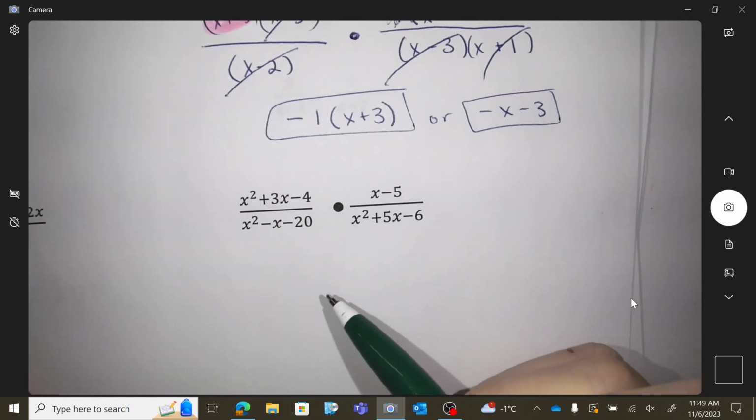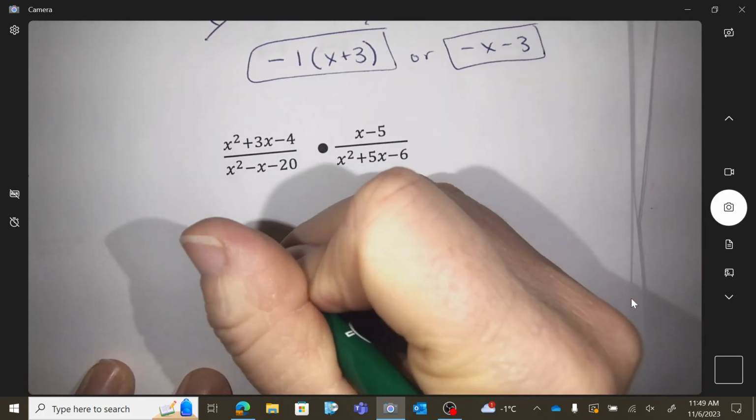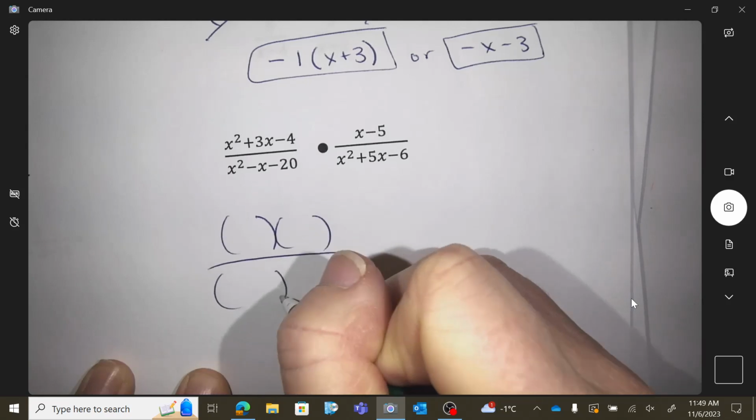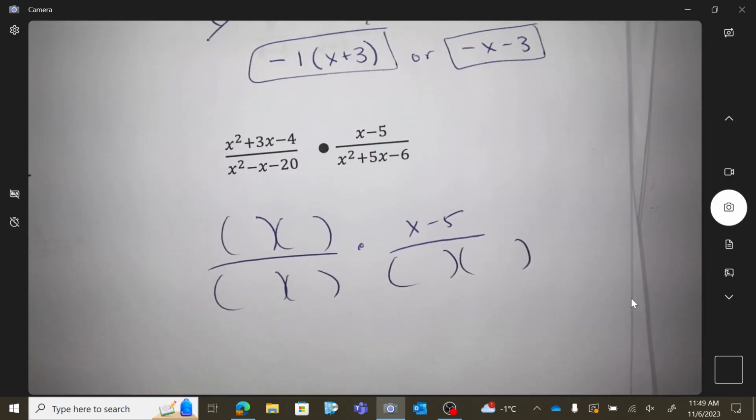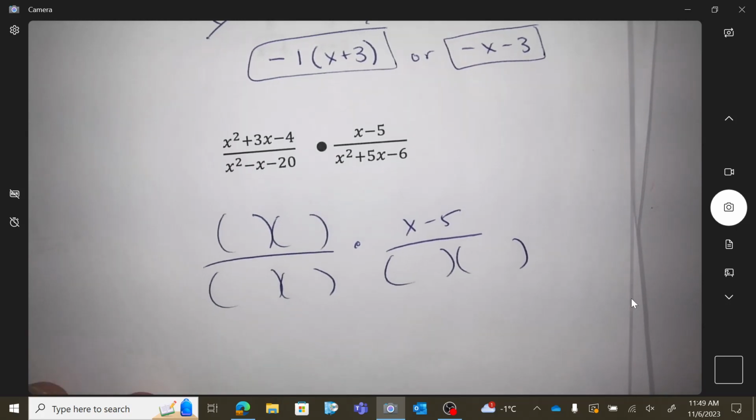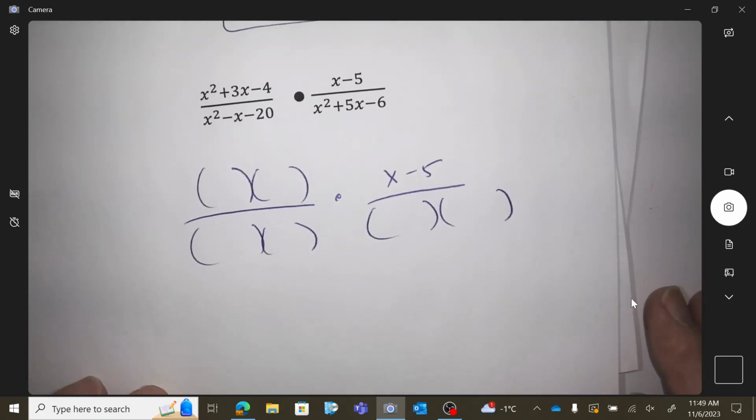All right, let's see if we can do this one quickly. Give me simple trinomials, and another simple trinomial. There's your setup. You got a bunch of simple trinomials.